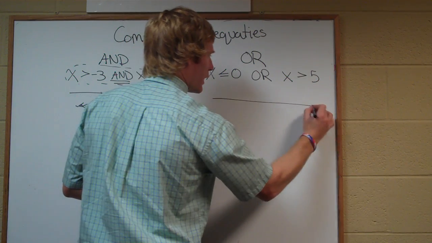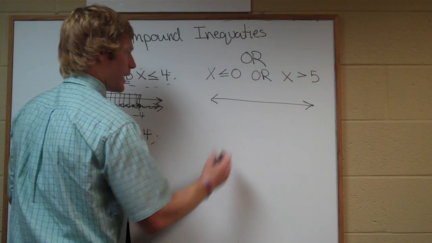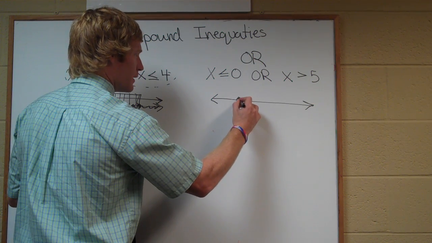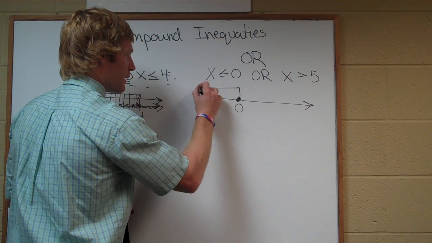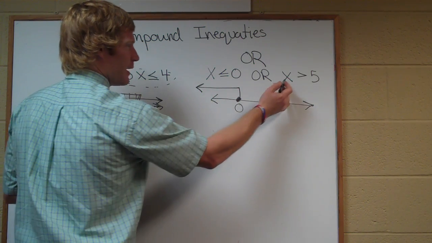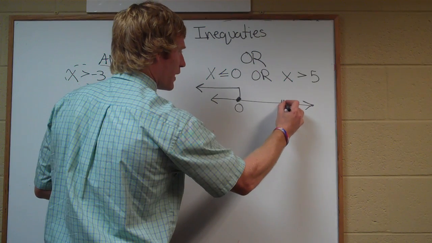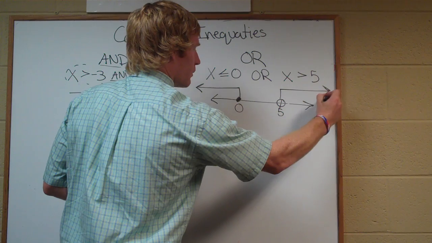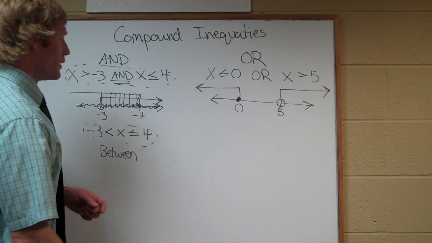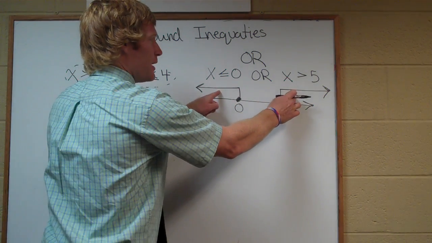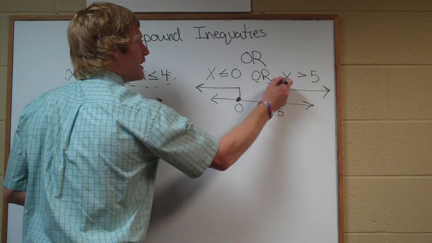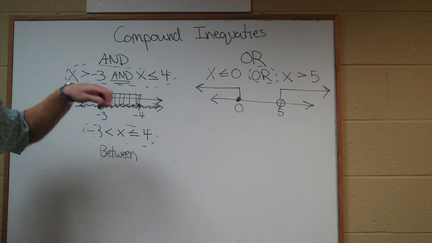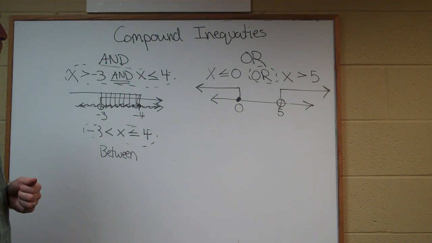So I put that on my number line, and I've got x being less than or equal to 0, again going that way, and x must be greater than or equal to 5, open circle because it's not inclusive, going to the right. Notice that there is no overlap here. It does not matter because, again, it can be one or the other. And statements, it must satisfy both.